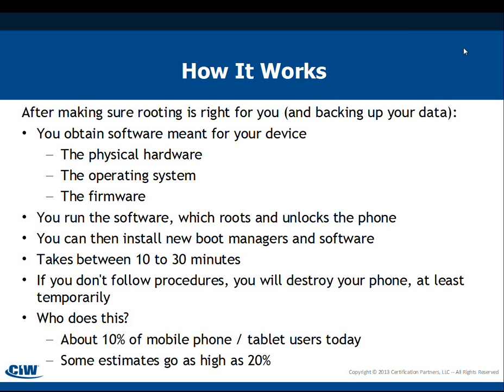So it's basically you taking total control over the phone and deciding what operating system you want to boot, what applications and services you want to run automatically, that sort of thing. Lisa and I were talking earlier about how sometimes it's frustrating because there are a lot of services that will run automatically on a phone that draw down your battery life very quickly. A lot of these services you have control over.